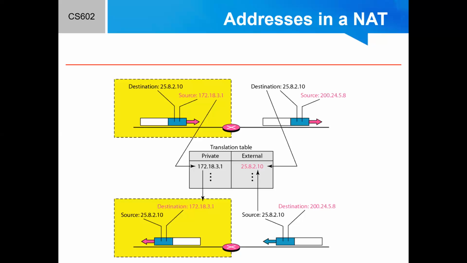Another case is using both IP addresses and port numbers. To allow a many-to-many relationship between private network hosts and external server programs, we need more information in the translation table.